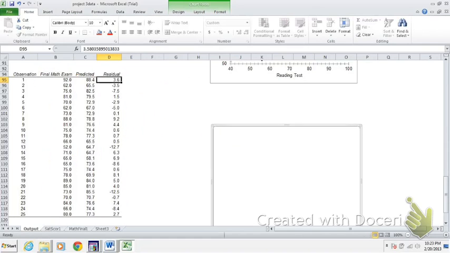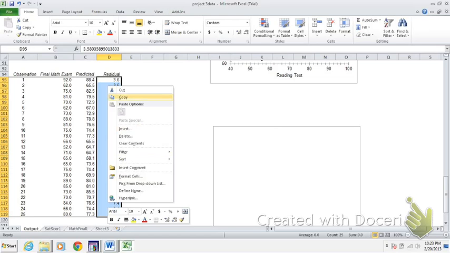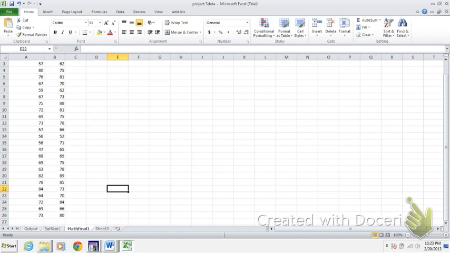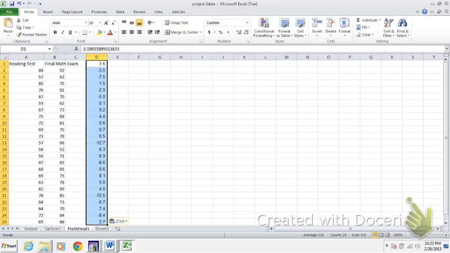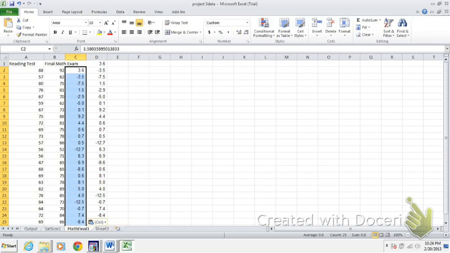So let's go ahead and grab all those residuals one more time. Copy. And let's open back the spreadsheet. Paste. Oops, I don't have those shifted. I want to make sure you have them shifted correctly. Let me paste them right here, so they're side by side.